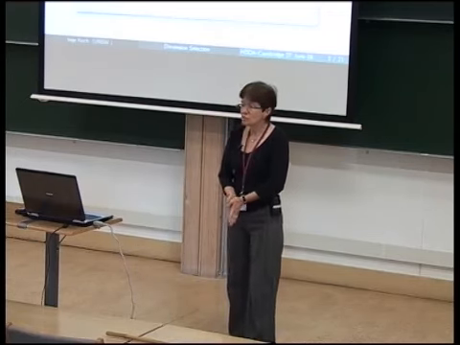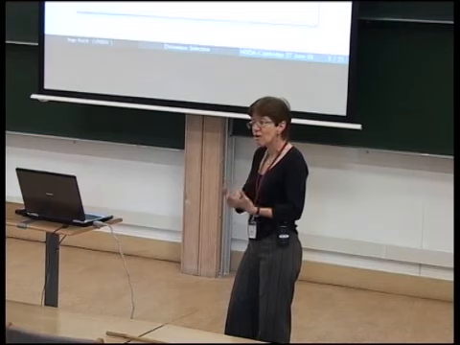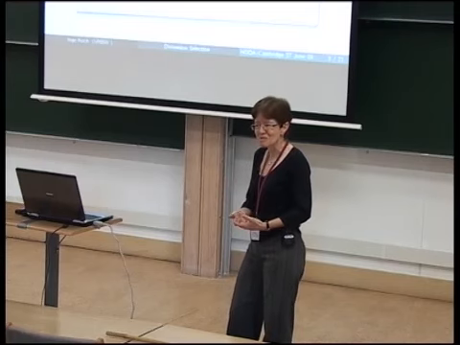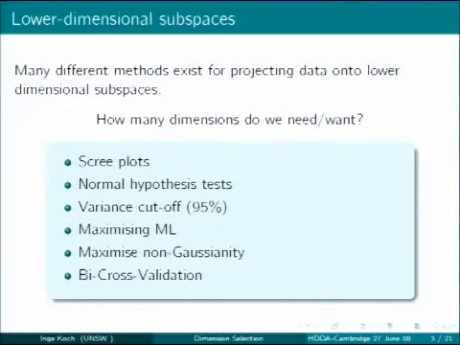What we do need to think about, or what I want to think about with you this morning, is how far do we dig into the data? When do we stop? And of course, life isn't so bad. We've got a number of methods there as well. We've got the scree plot. Classically, we've got the normal hypothesis tests when you know that the data is Gaussian.